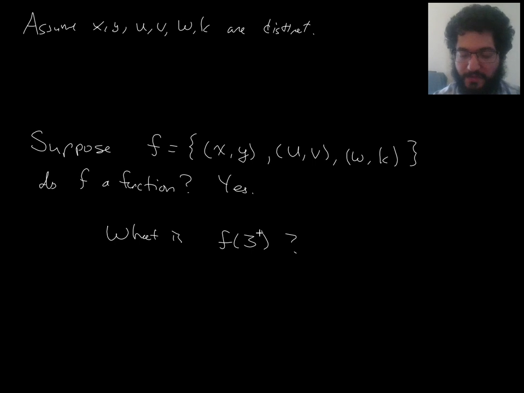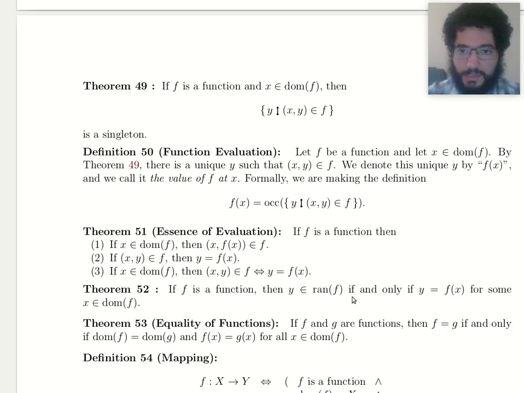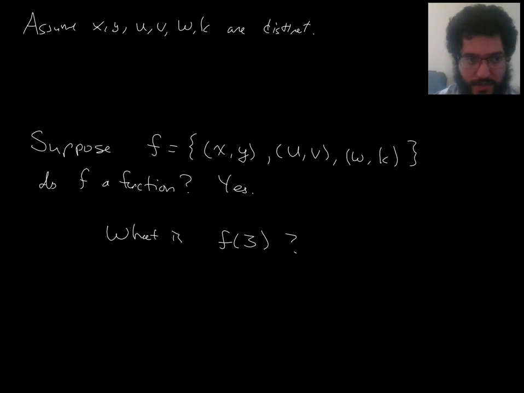Then I would be trying to evaluate a function at a place that's not in the domain, and I would run into similar problems with the fact that function evaluation requires that I'm looking at something in the domain. So this is only meaningful if one of either x, u, or w is 3.